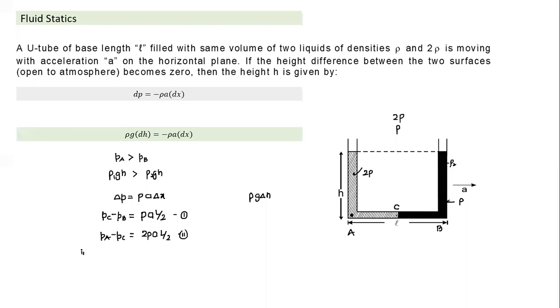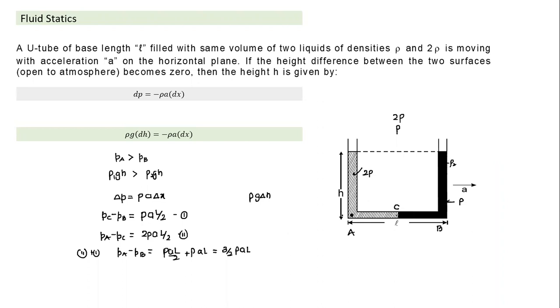If I add the second equation and the first equation, I get PA minus PB. So PA minus PB, the pressure difference between A and B, comes equal to rho AL by 2 plus rho AL, which is equal to 3 by 2 rho AL. Okay. So this is the pressure difference between the two.